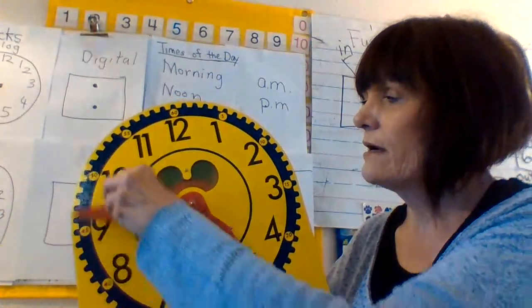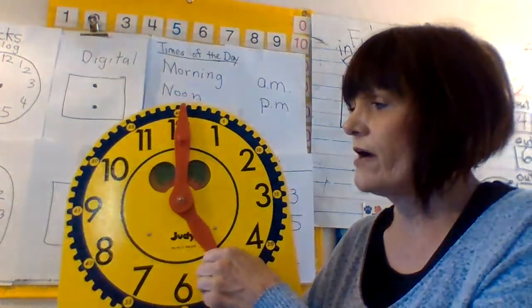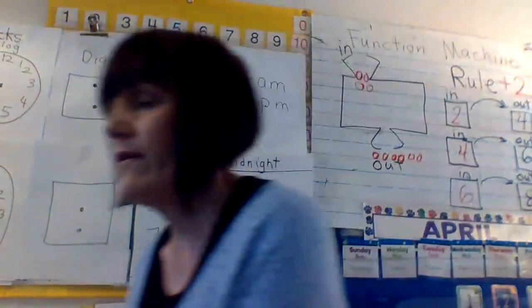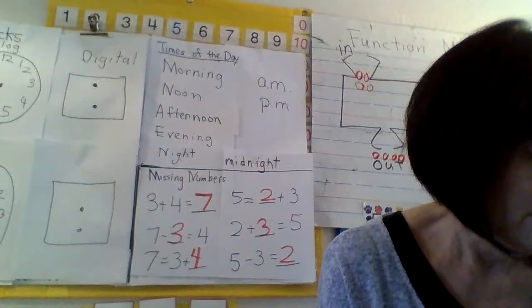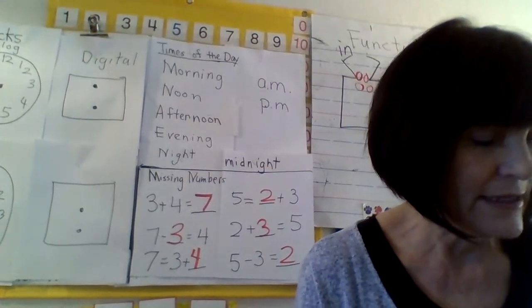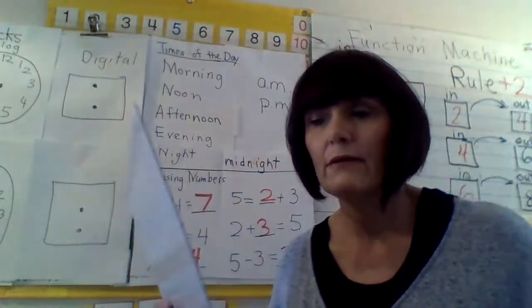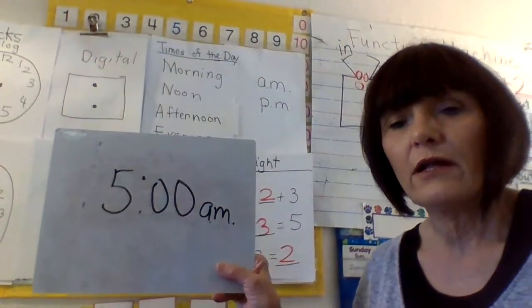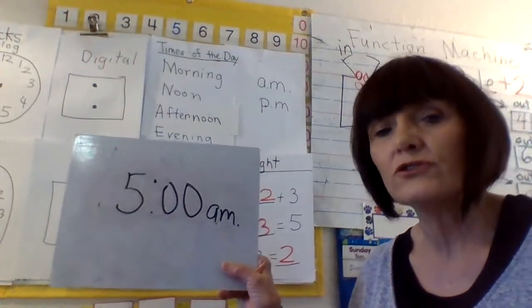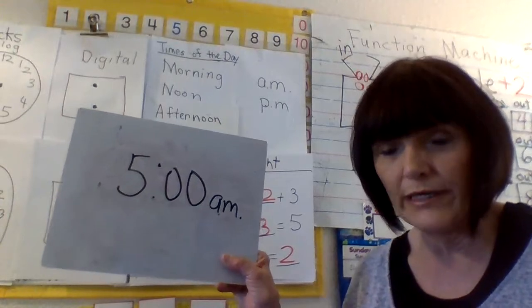Well, this time I woke up at 5 o'clock in the morning. Right, 5 o'clock. And make your best guess if 5 o'clock is going to be AM or PM. 5 o'clock AM. I got up super early that morning.